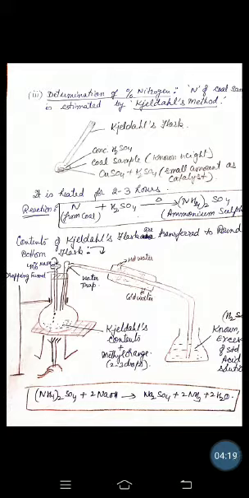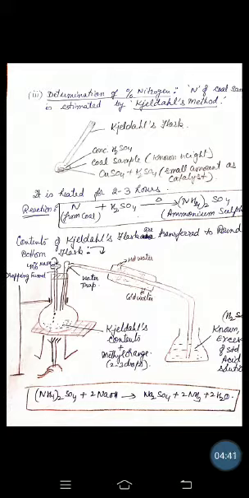In the tube there is a water trap. This water trap does not allow the water vapors to pass further, but restricts them. Only vapors of ammonia, NH3, are allowed to pass through the condenser.